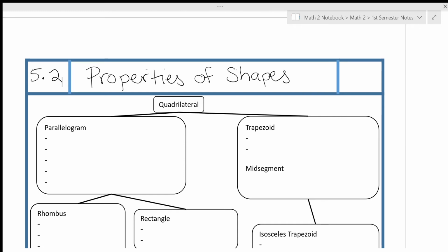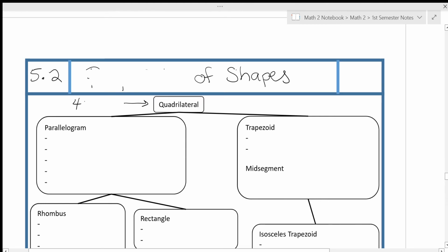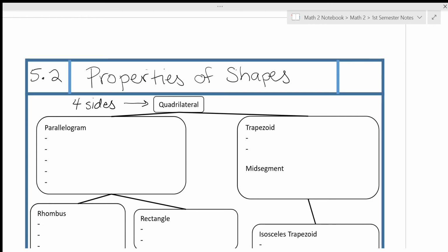So quadrilaterals, hopefully, a word maybe we kind of recognize, to mean that these are shapes that have 4 sides. So all of the shapes that we're going to talk about in this section are 4-sided shapes, quadrilaterals. And then we're going to talk about different properties that make quadrilaterals specific types of other shapes.